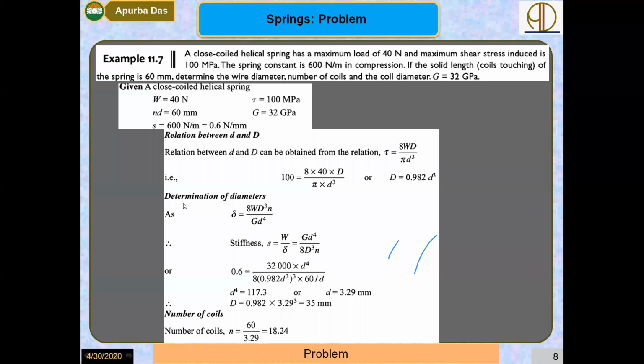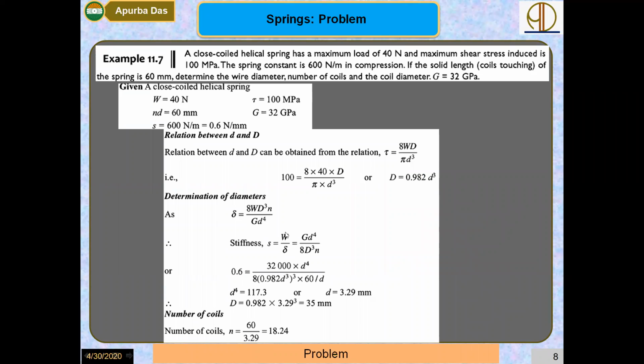So from this we can write the deflection delta is equal to 8W D cube N by G d to the power 4. So stiffness is W by delta. So from there we can write stiffness is equal to W by delta. Delta is this.